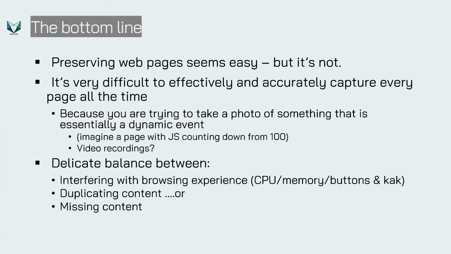And so it becomes this delicate balance between duplicating content, e.g. having multiple of the same thing because you don't know it's the same, or that you're missing content, or that you're having too much, or you're using too many resources. You're either using too much CPU to constantly compare things and see if it's different, or you're interfering with the browsing experience by putting a button down that the user has to click on to save the page.